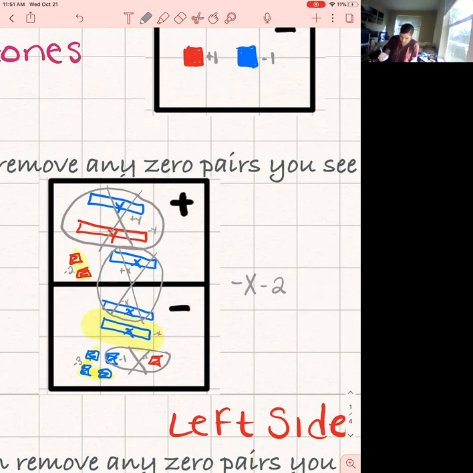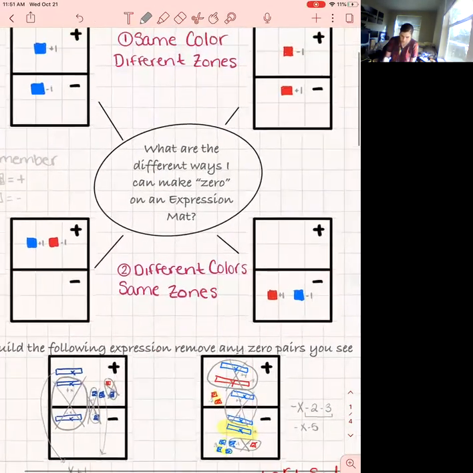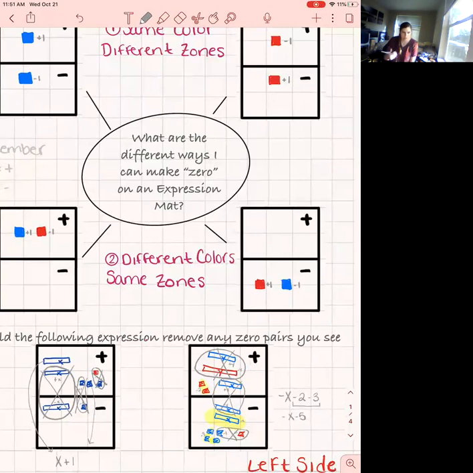So minus 2, minus 3. If I combine like terms, I have negative x minus 5 is what I'm left with after I get rid of zeros. So that's your right side. Rewatch that as much as you need to until it starts to make more sense.